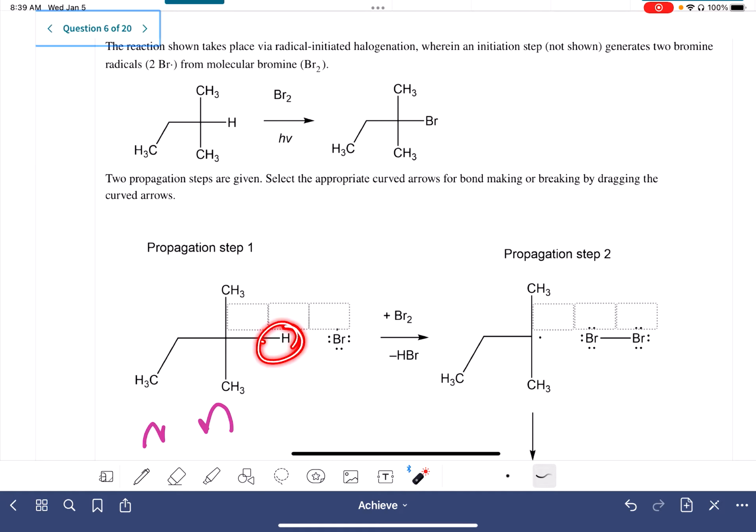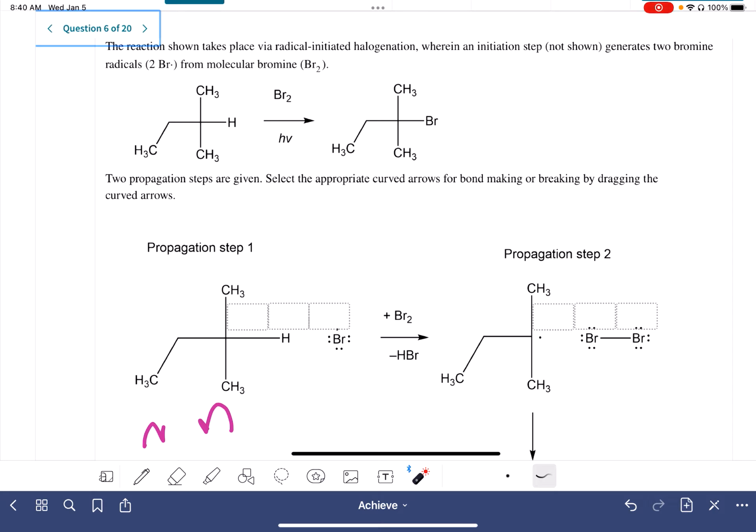But what about the hydrogen? Where does the hydrogen end up going? It's kind of sneaky the way that they've put it into this problem. Notice down here that they wrote minus HBr. That's really weird notation. And this is just another way of writing that HBr is produced by the reaction. So it's just saying, hey, HBr is being taken away from this molecule.